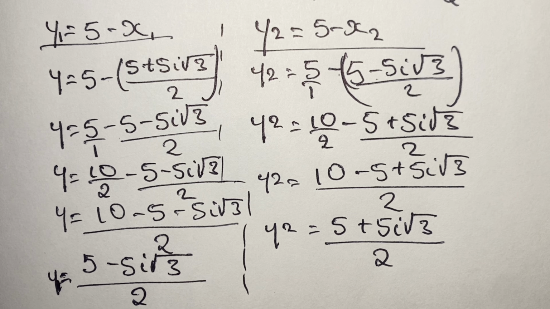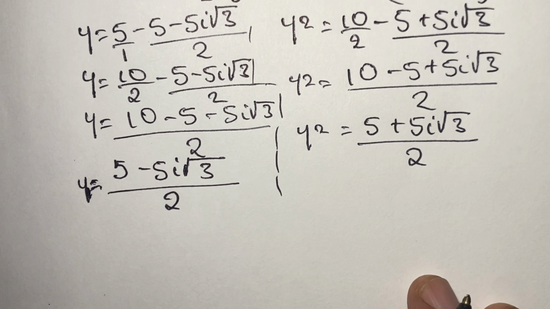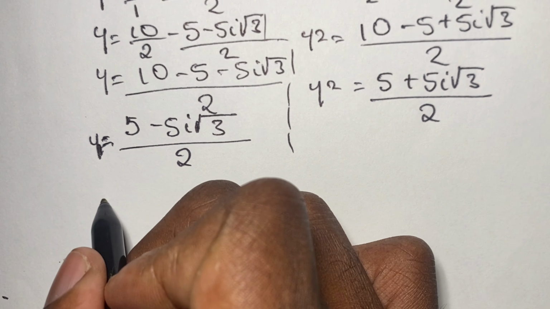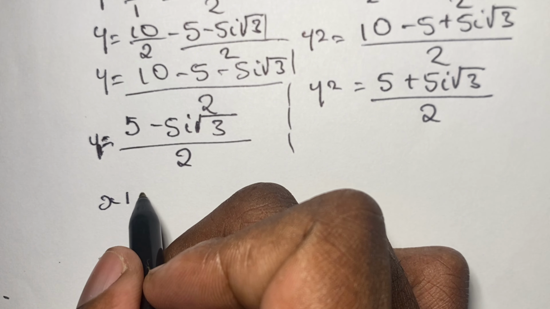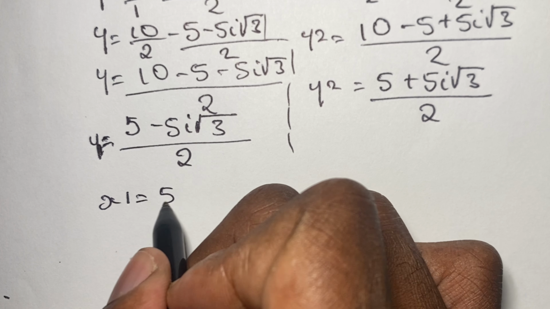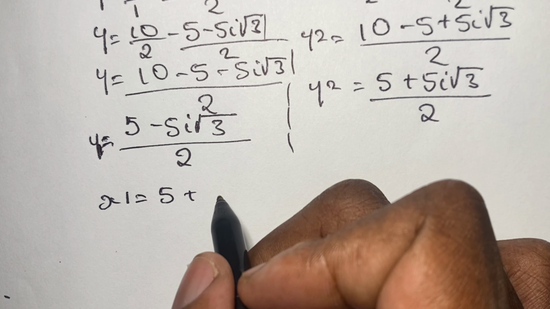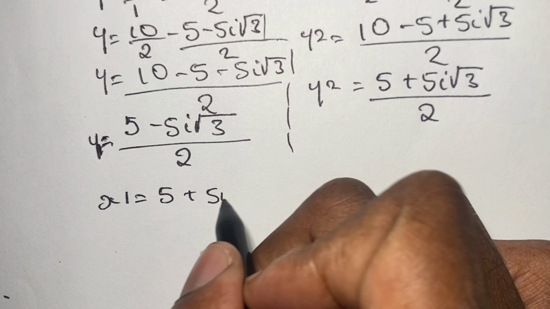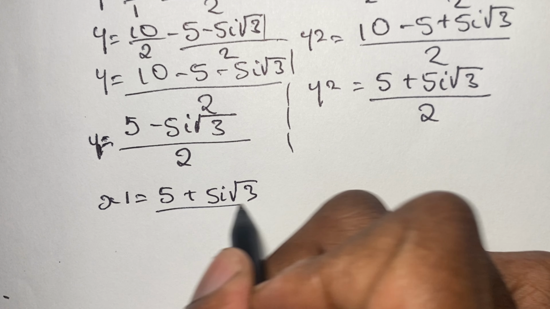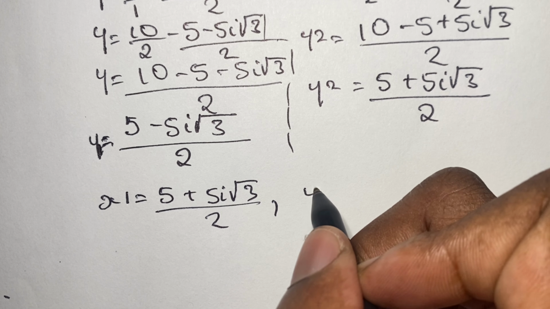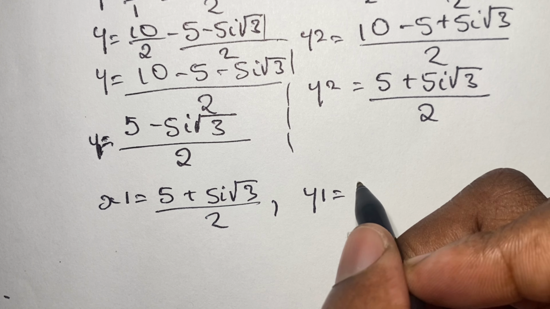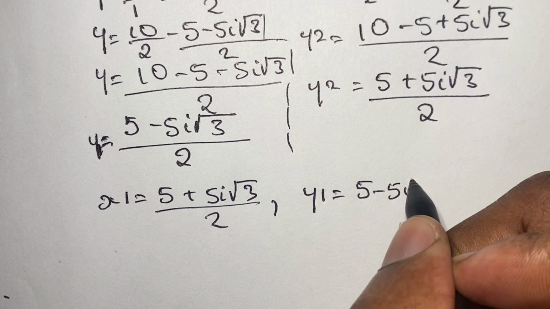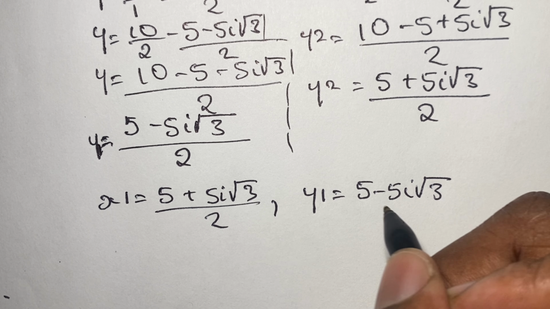So now we have our solutions for y. So our solutions for x1, y1 is that x1 is equal to 5 plus 5 times i times the square root of 3 over 2. And as we said before, the value of y1 is equal to 5 minus 5i times the square root of 3 all over 2.